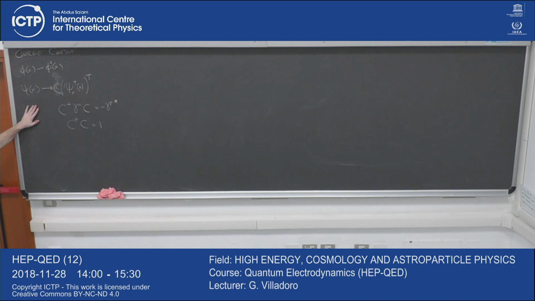And for example, for the representations of the gamma matrices we saw, like Pauli-Dirac or Weyl, it's enough to choose C equal to i gamma 2. For both of them, I think so. What is important is that there is a matrix that does this.